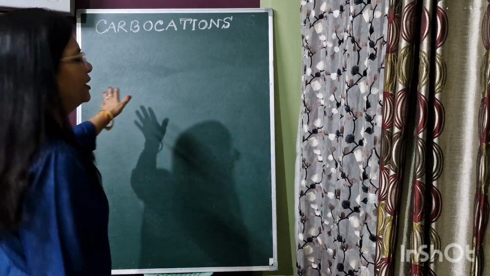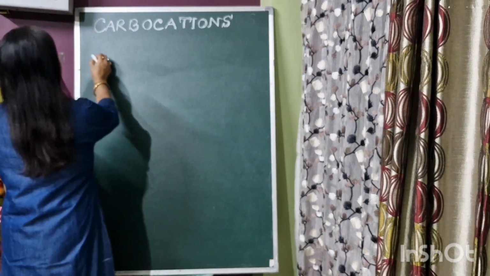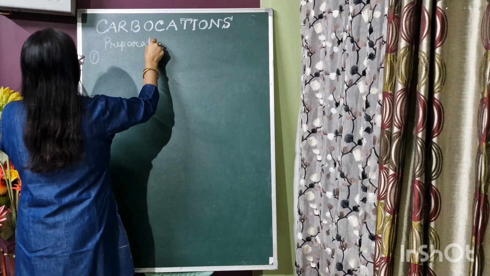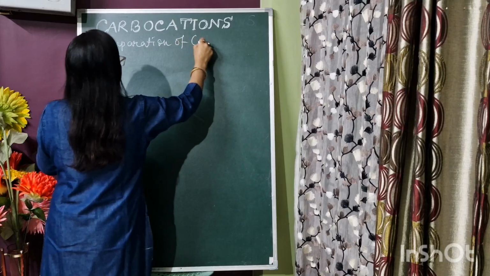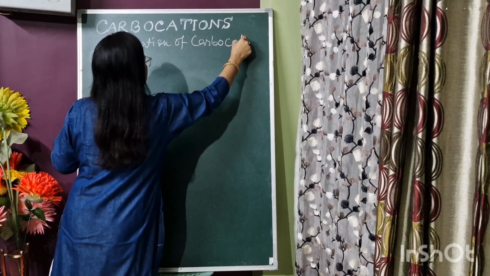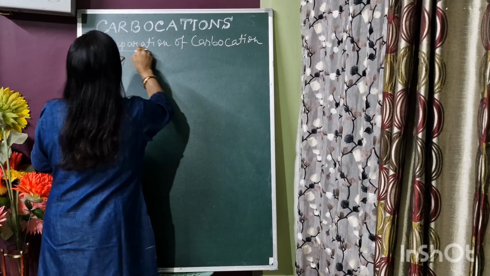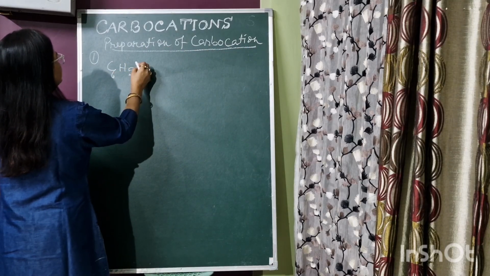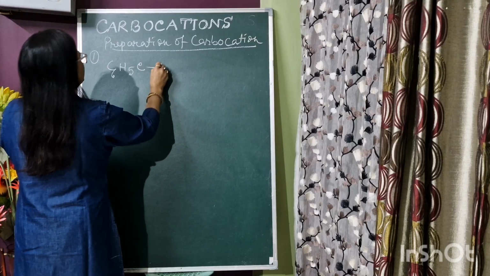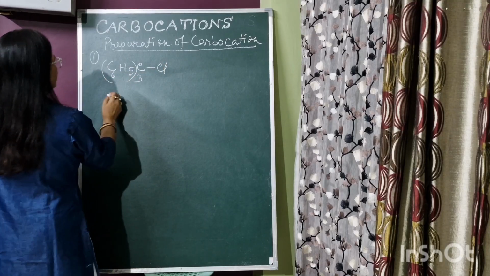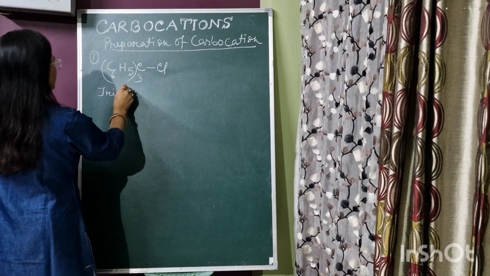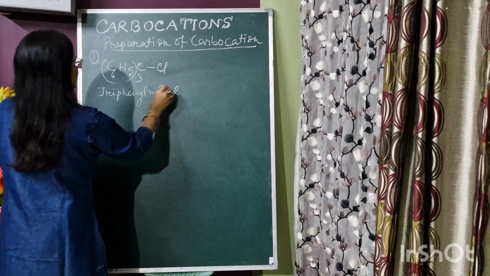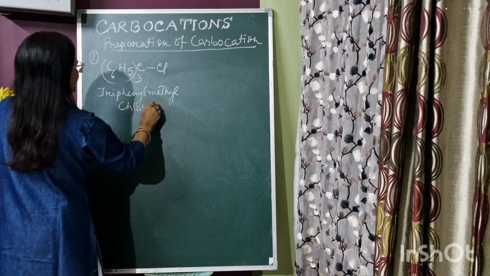Let us discuss two methods of preparation of carbocation. Number 1: (C6H5)3C-Cl, this is triphenyl methyl chloride.